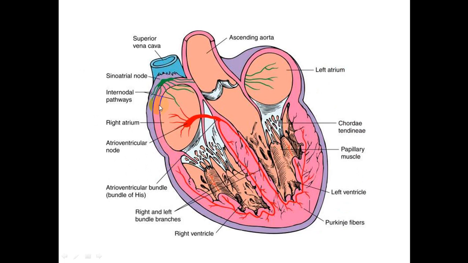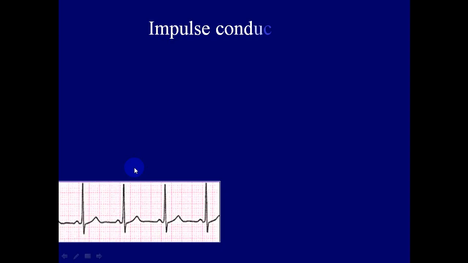Another review: the SA node is in the upper part of the right atrium, and the impulse is discharged to the right and left by internodal connections to the AV node. There is some delay of the impulse there, then the bundle of His, bundle branches, and Purkinje fibers.